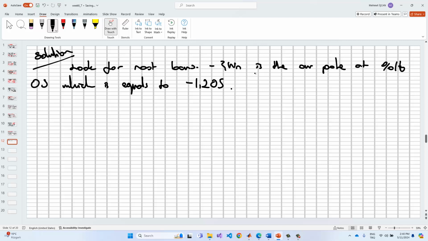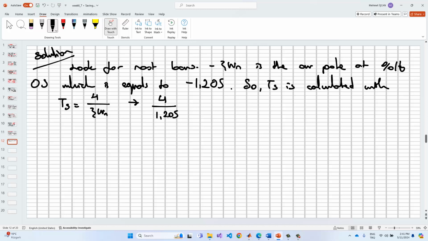1.205. Okay, and so the Ts is calculated with the Ts for zeta omega n, and for 1.25, which is equal to 3.320 seconds. Okay.